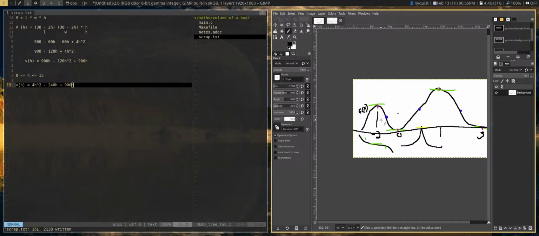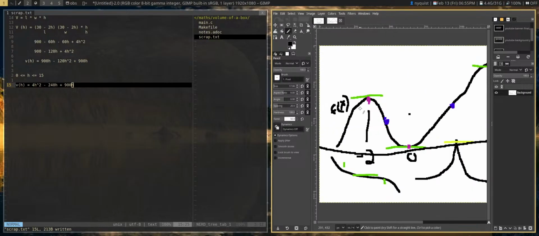The second derivative tells us whether it's curving up or curving down, concave up or concave down. Right here it's concave down because it's like a frown.